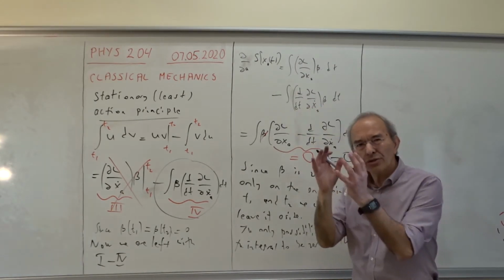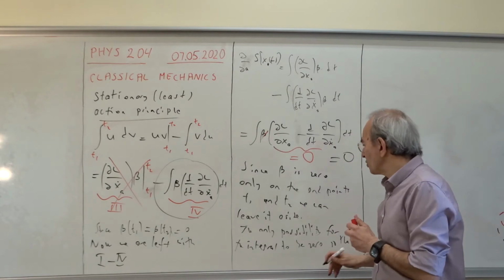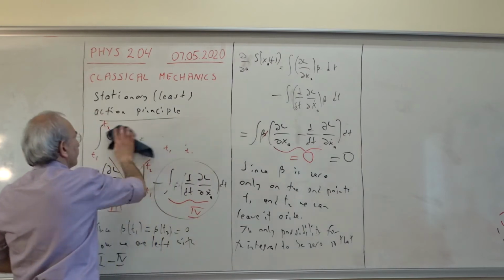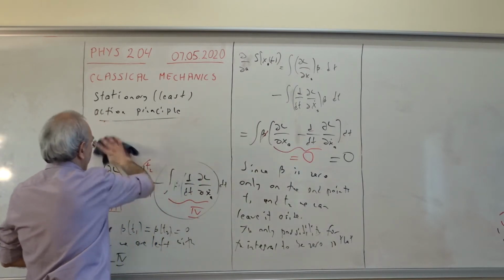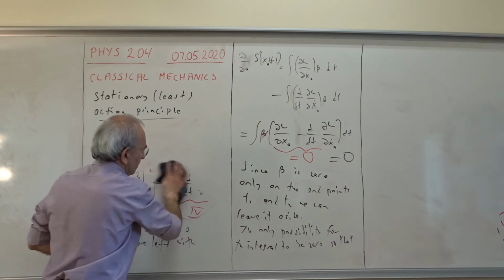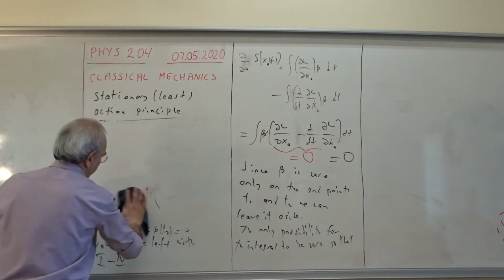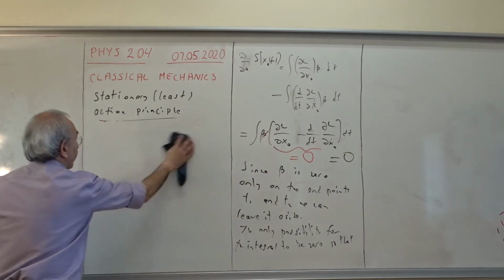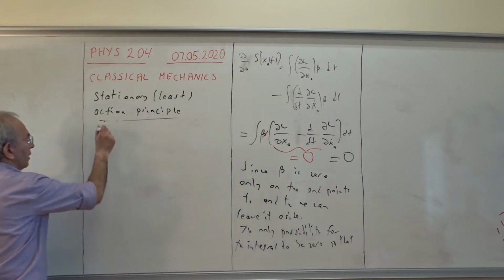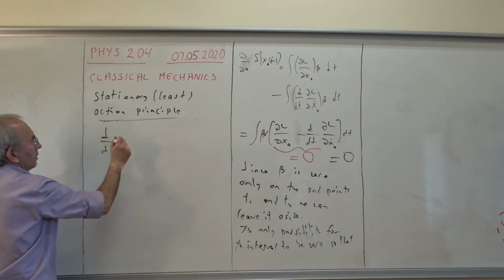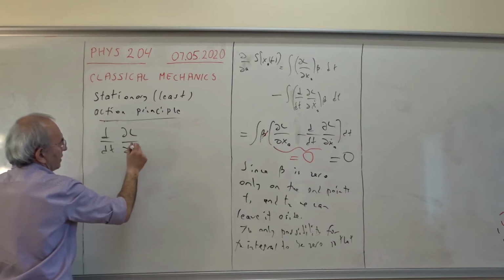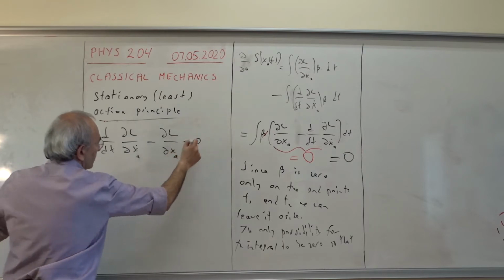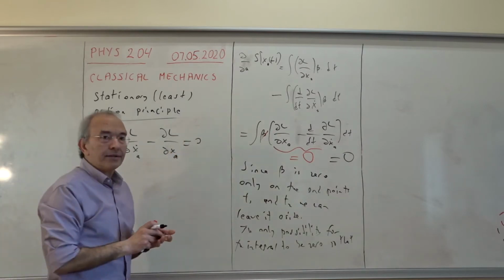Let's first, according to the better known form of Lagrange's equation, consider it here. It is written as d by dt del L by del xa dot minus del L by del xa, and that is equal to 0. xa is anything.